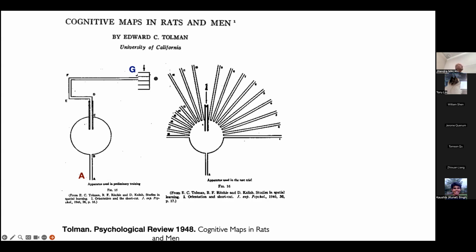I'm not going to go into details of this experiment. But Tolman showed quite conclusively that rats must have something like maps in their brain, because they could find shortcuts even though they never actually traveled on that shortest path. They traveled in some weird way, but they built some kind of a mental representation. This is quite interesting. Tolman was a psychologist. He had not figured out where it was in the brain.